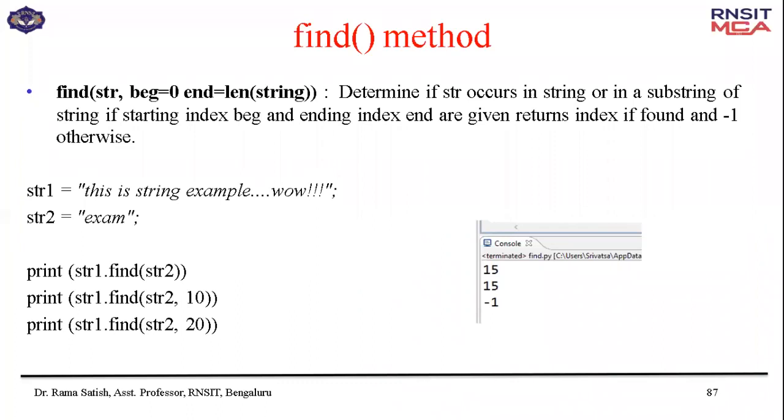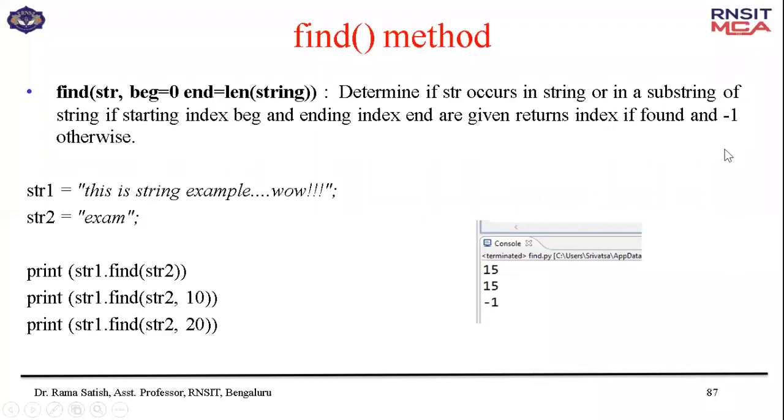That is, if the substring is present in the string, then it will return the index. Index means in which position that substring is present in the main string. And if it is not found, it will return -1.